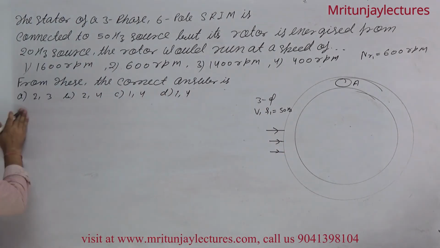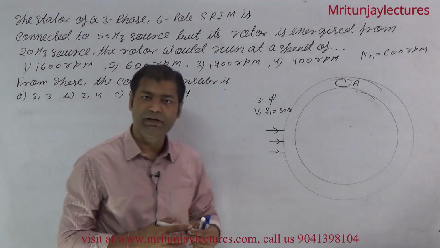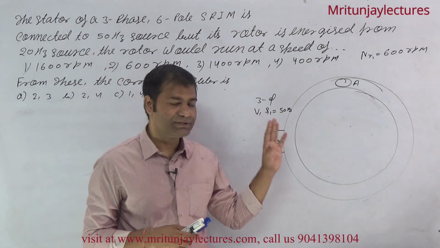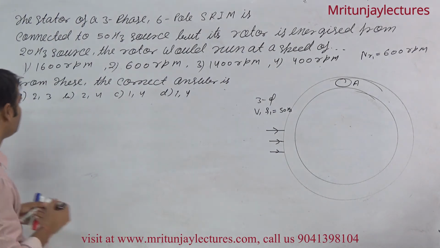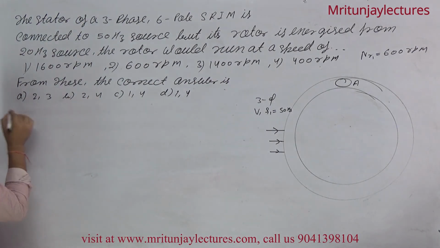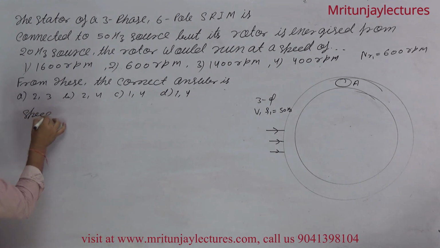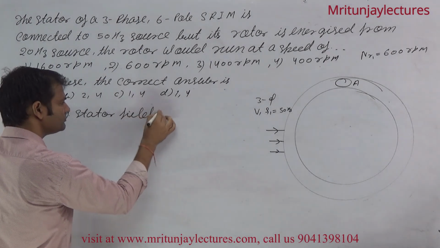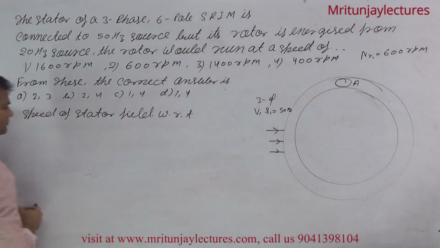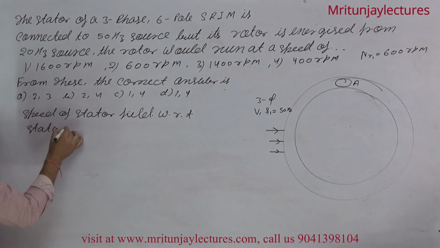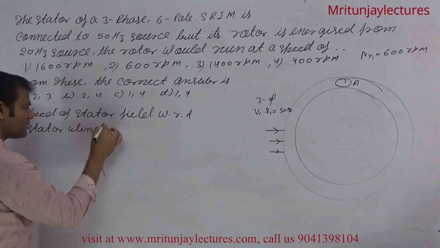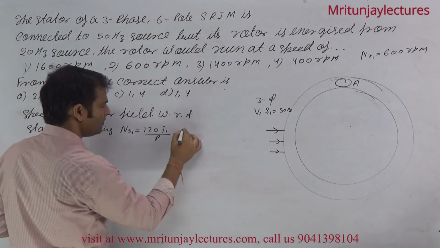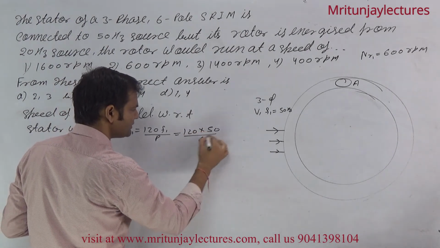Now, if three-phase supply is given to a three-phase balanced winding, then a stator field is generated with respect to the stator winding. So you can say that the speed of the stator field is 120 times 50 Hz divided by 6, that is 1000 rpm.